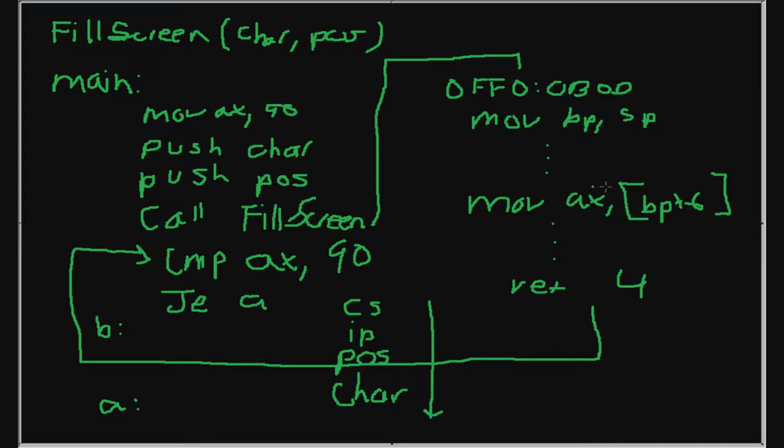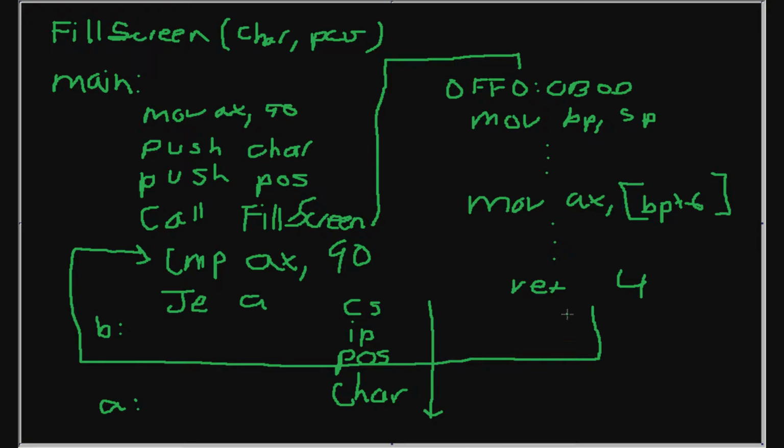Now after we did that, and after we return, everything's popped off. And look where we are right now. We have our AX register with some random value. I haven't even initialized character yet, but let's just say character has a value other than 90.